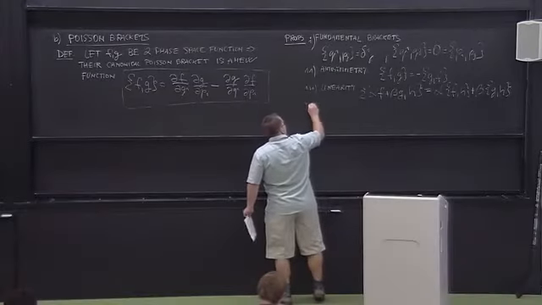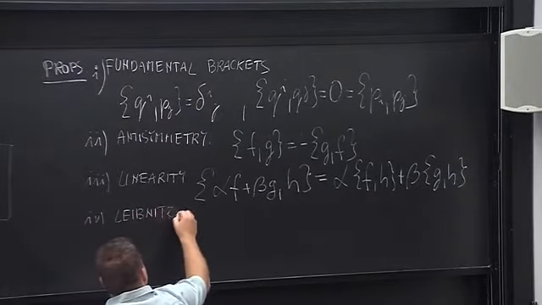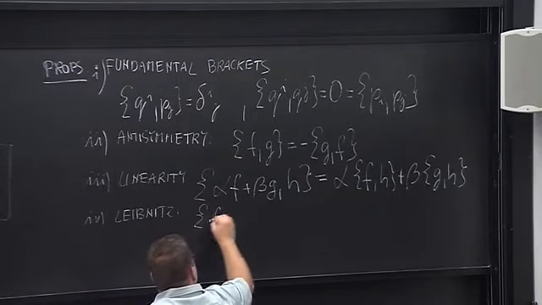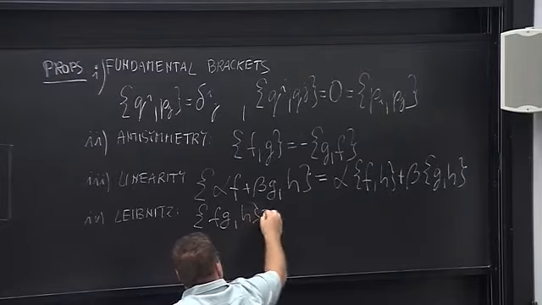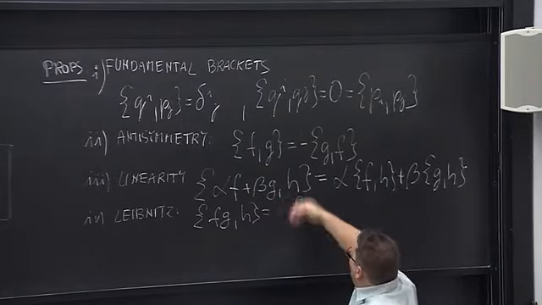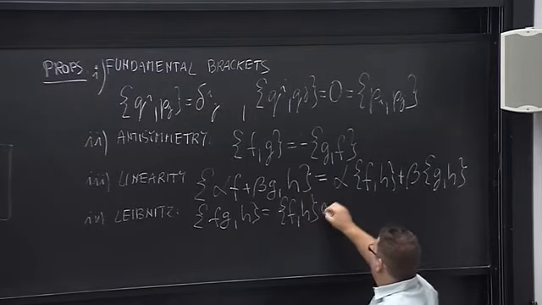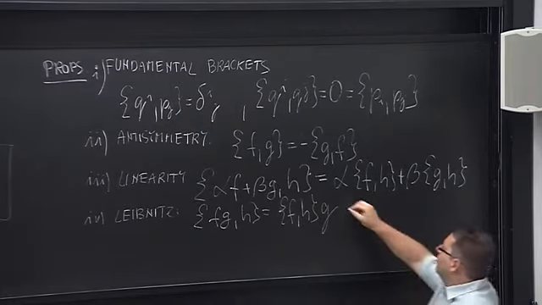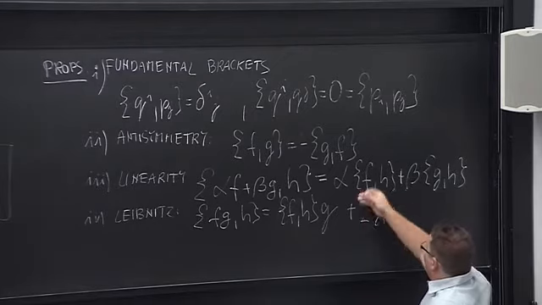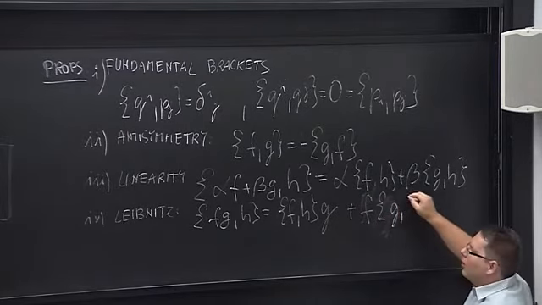Then you have the Leibniz rule. Well, it's a derivative, you better have it. So if you have f, g, and h, I differentiate the first one, f and h, and leave g untouched, and then I differentiate the second one, so I have g and h, and leave the first one untouched.